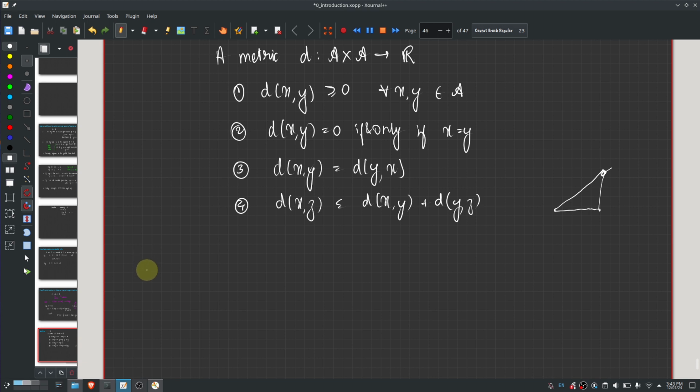And it's easy to verify that the standard Euclidean distance, for any 2 vectors x and y, forms a metric.